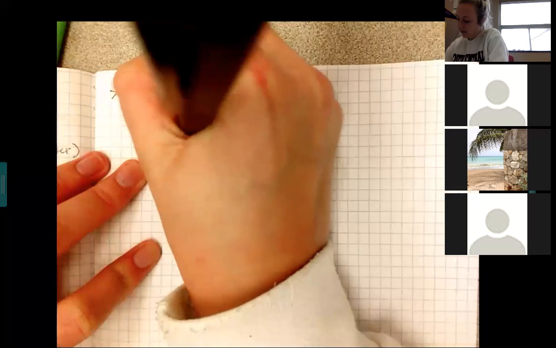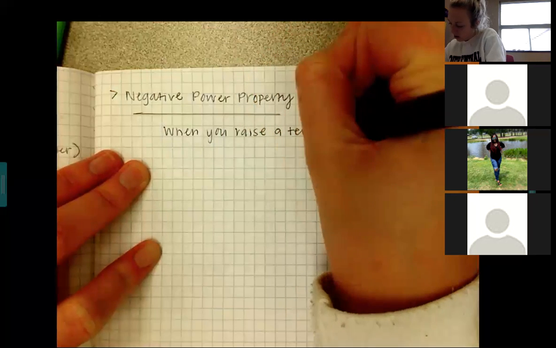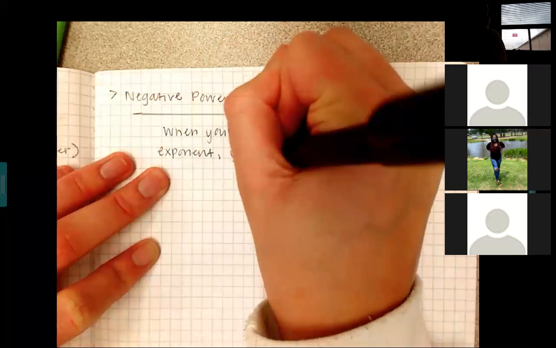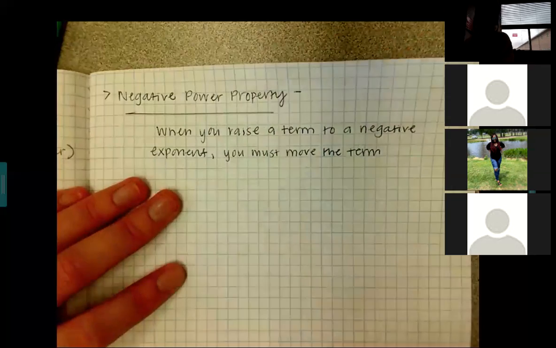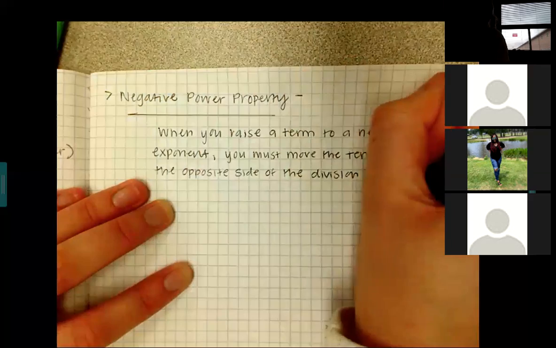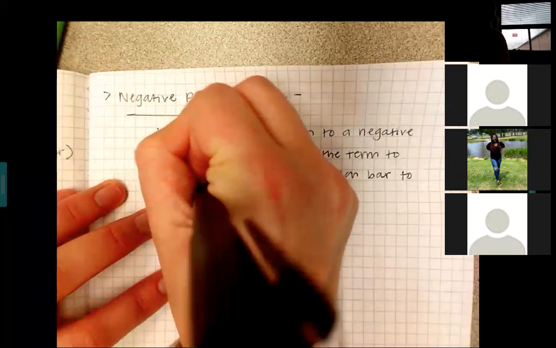All right, so when you raise a term to a negative exponent, you must move the term to the opposite side of the division bar to turn the exponent positive.